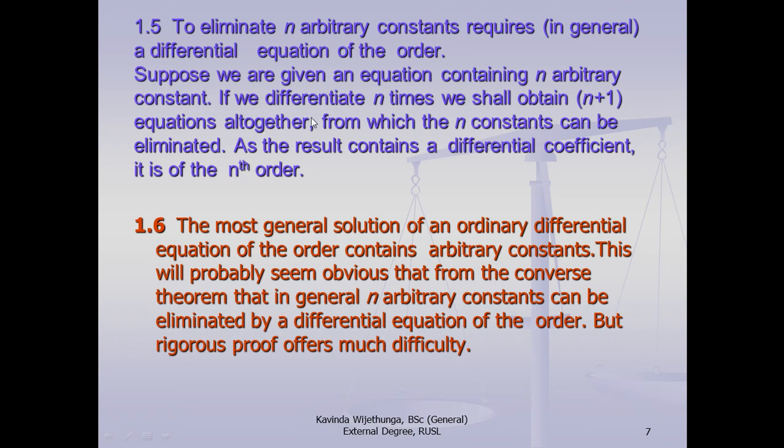To eliminate n arbitrary constants requires a differential equation of the nth order. Suppose we want an equation containing n arbitrary constants. If we differentiate n times, we will obtain n plus 1 equations altogether, from which the constants can be eliminated, as the result contains differential coefficients up to order n. That is true, no?